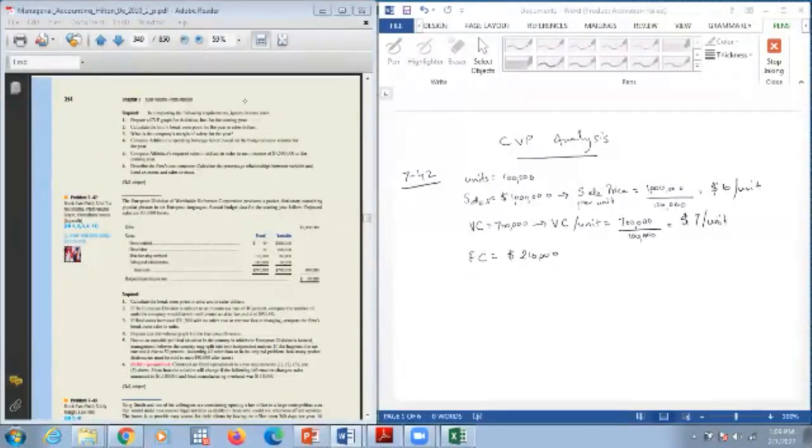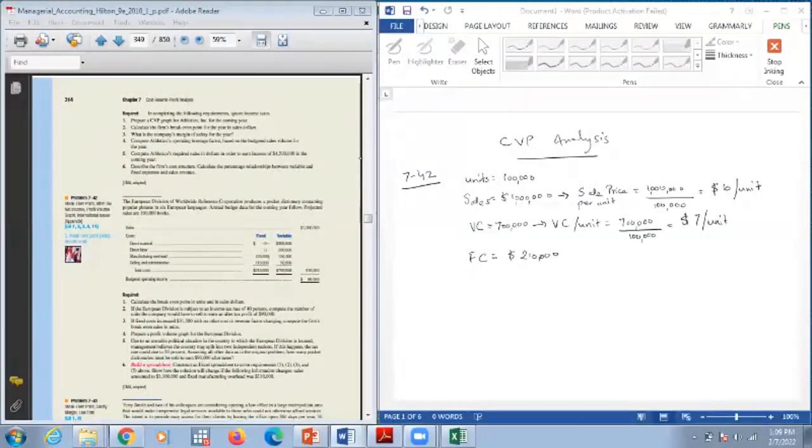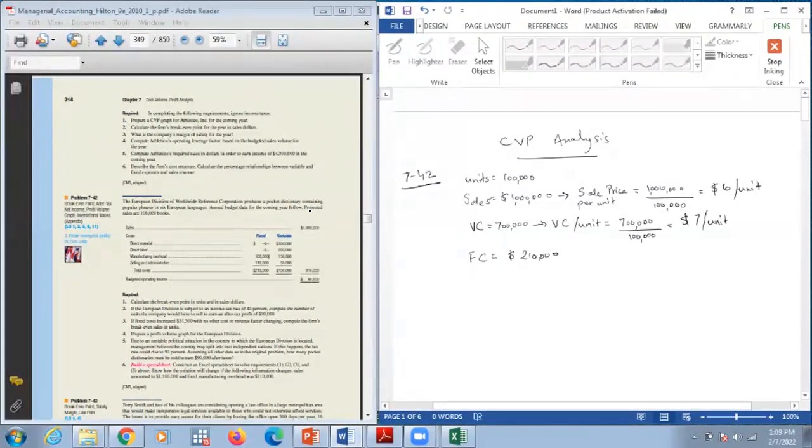So when we have our fixed cost, this information will allow the first requirement: calculate the break-even point.